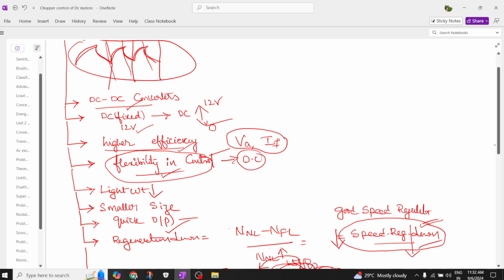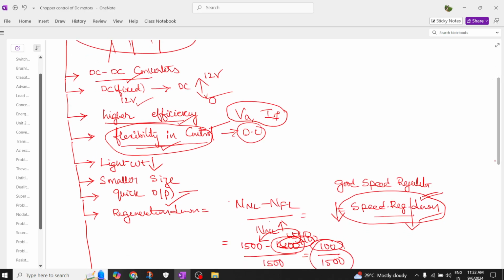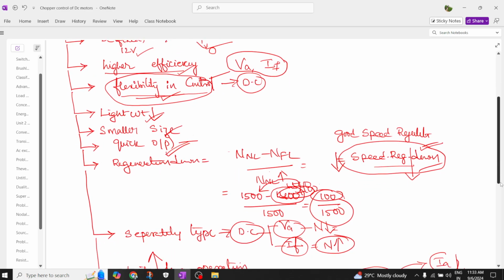Due to the high frequency of operation, the way you control the speed is very smooth. They have lesser weight, smaller size, quick output, and better voltage regulation and speed regulation.